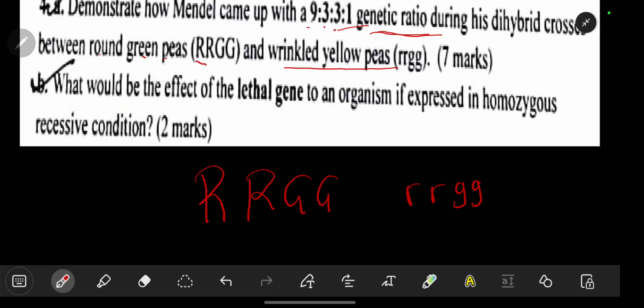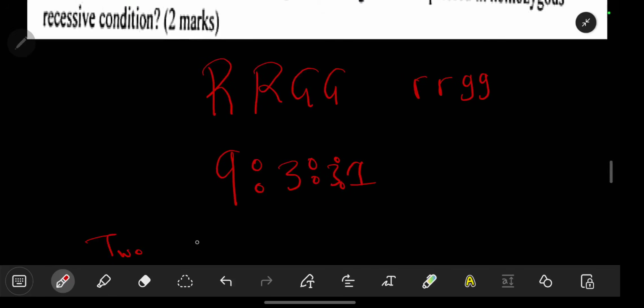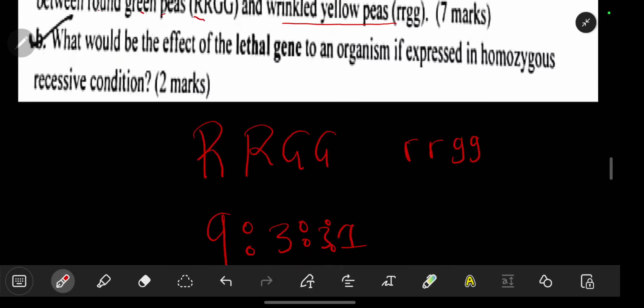In order for us to answer this question, we need to understand something. For you to have a phenotypic ratio, which is a genetic ratio, of 9 to 3 to 3 to 1, you always need to cross two heterozygotes, meaning it should look like this: R, small r, G, small g.